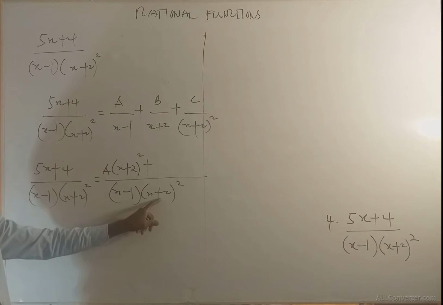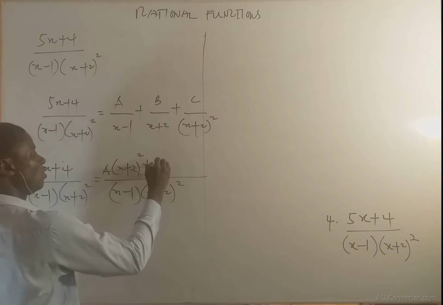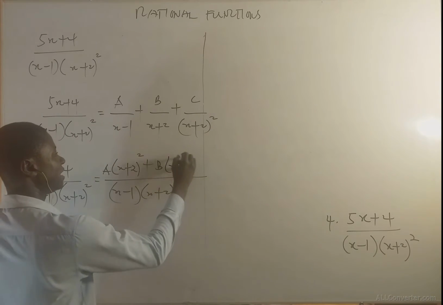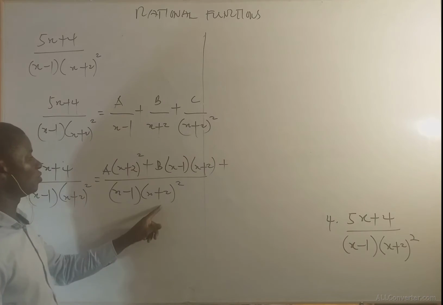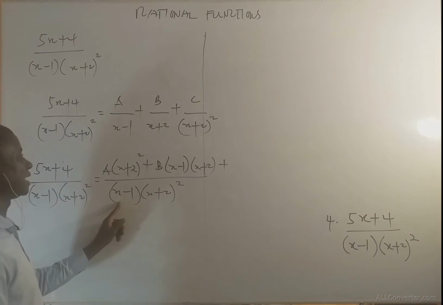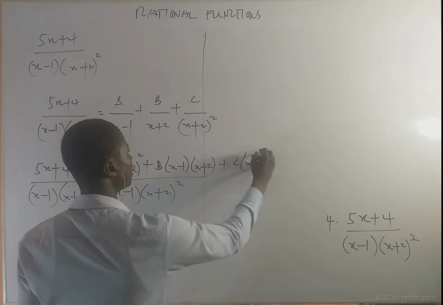So here, we are left with x minus 1, then x plus 2. So B will multiply x minus 1, then x plus 2, then plus, then C will also go in here, then we are left with x minus 1. So x minus 1 will multiply C. So we have C times x minus 1.